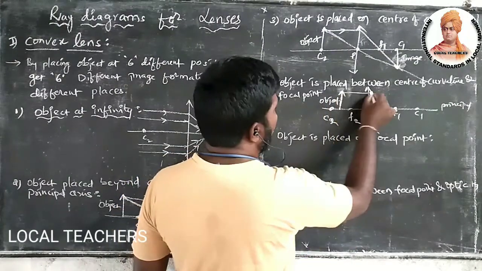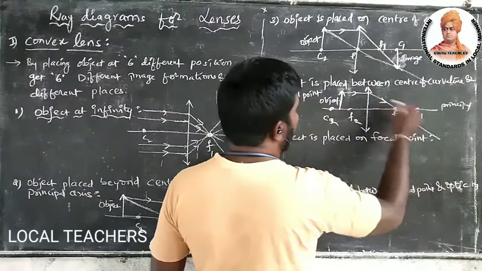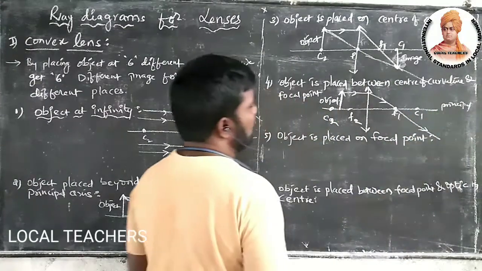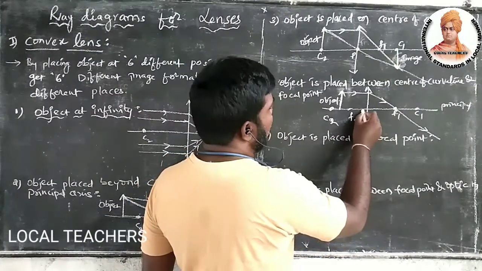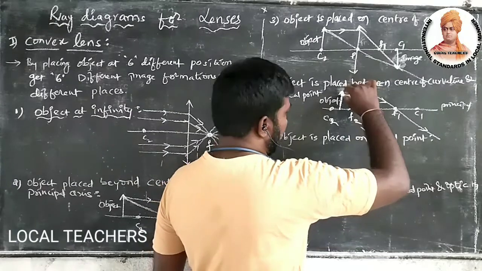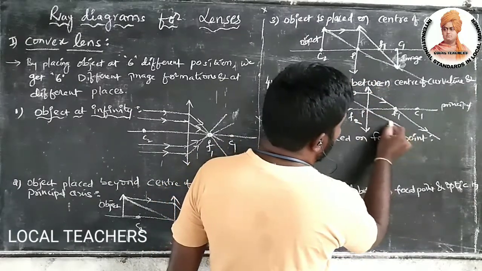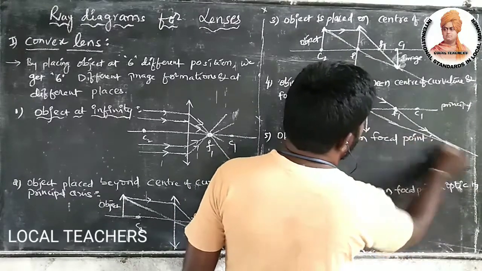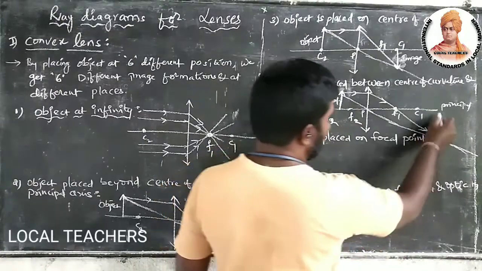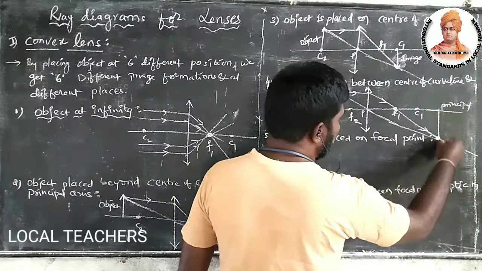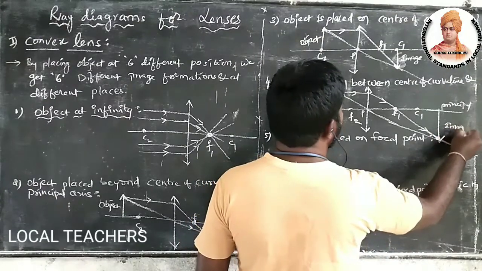First consider the parallel ray. After refraction it passes through F1. Consider another ray from the top which passes through the optic center. Here we get the meeting point, the intersecting point. If we draw the diagram like this, this is the image.